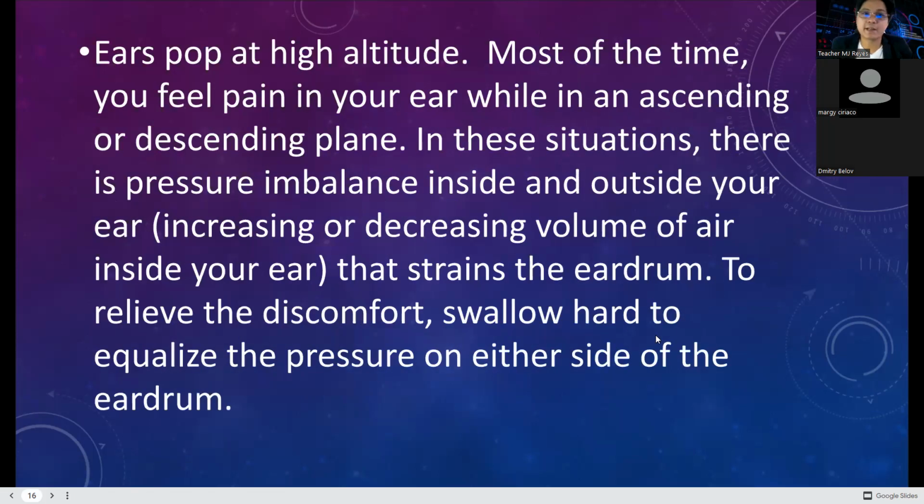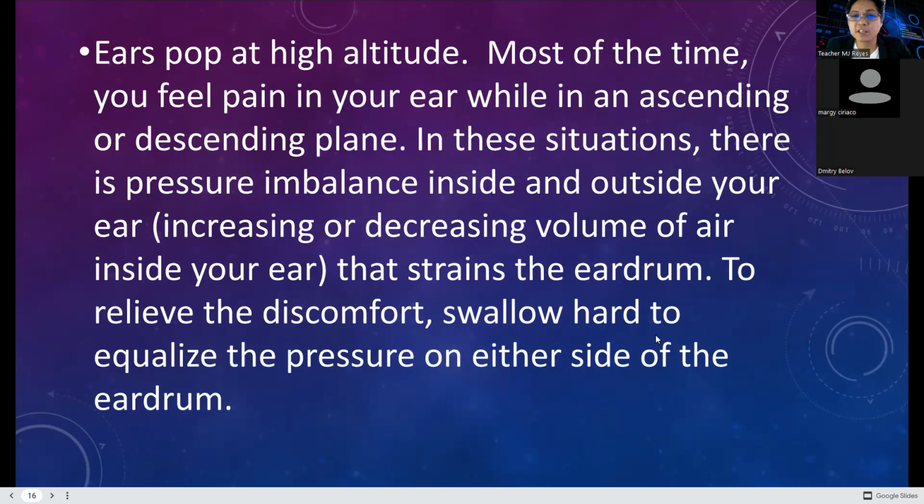Ears pop at high altitude. Have you tried going to a high altitude, to mountainous areas or provinces? Usually your ears pop because of the high altitude. Most of the time you feel pain in your ear while in an ascending or descending plane. In these situations, there is a pressure imbalance inside and outside your ear.